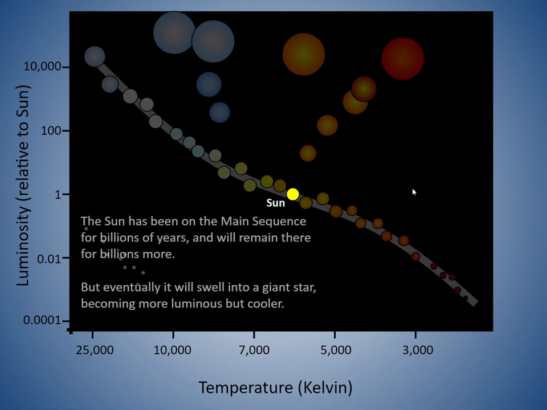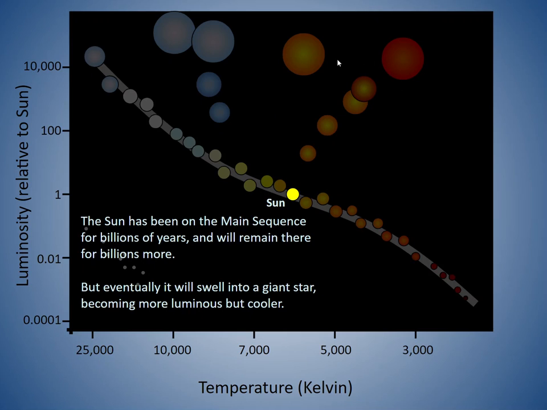So a star like our sun is going to move around the HR diagram throughout its lifetime. Our sun has been in the main sequence for about 4 billion years already. We expect it to stay there for 4 billion more. But eventually it will start to swell. We'll go into more details later, but the sun will get bigger. As it gets bigger, it becomes brighter but cooler. So if it's getting brighter, it's going to move up this way. If it's getting cooler, it's going to move this way. So it's going to move out into this area.